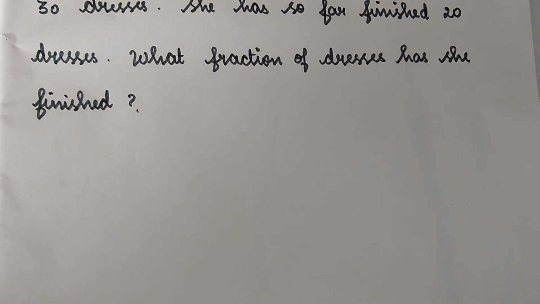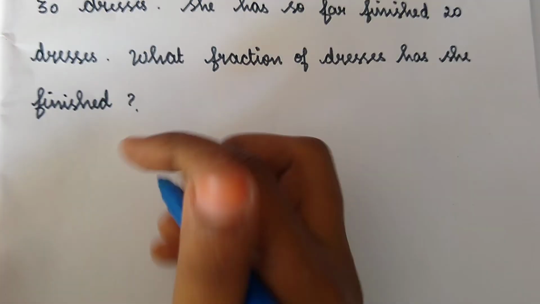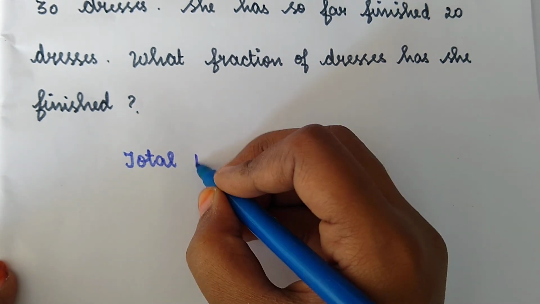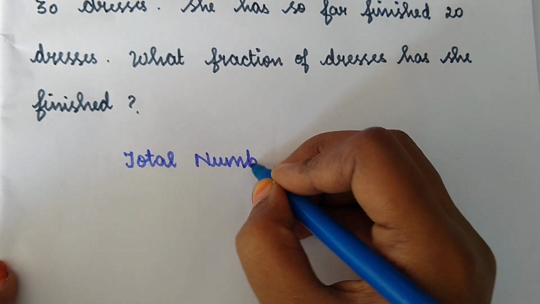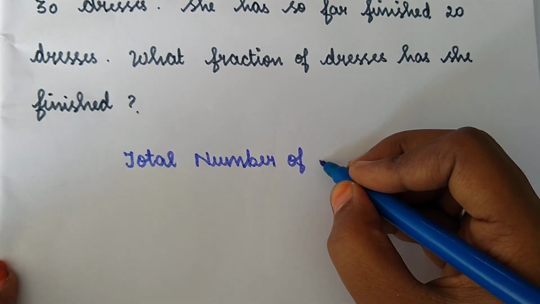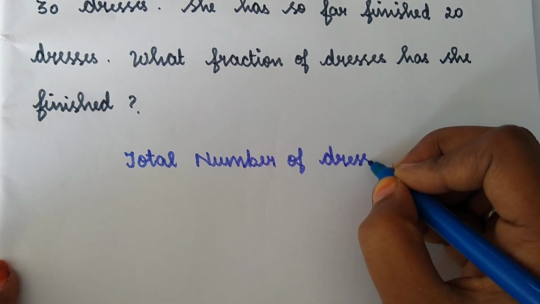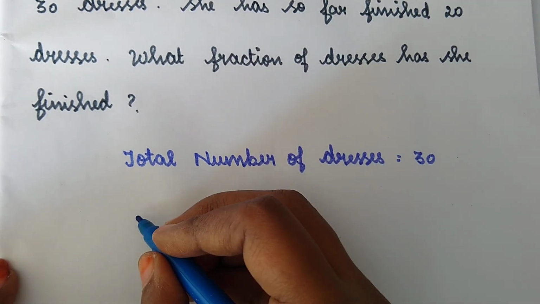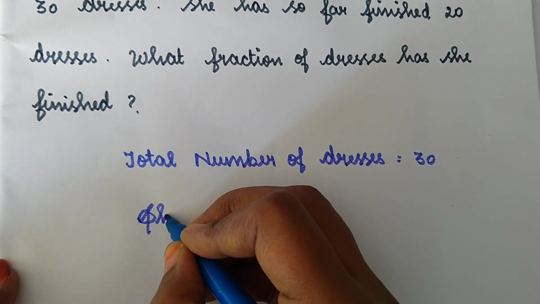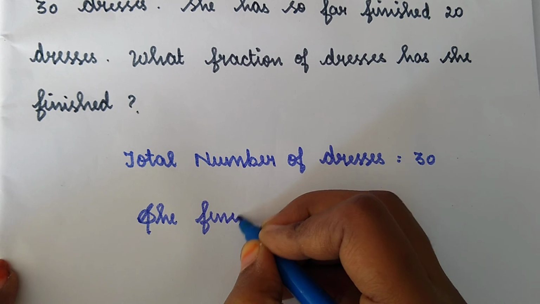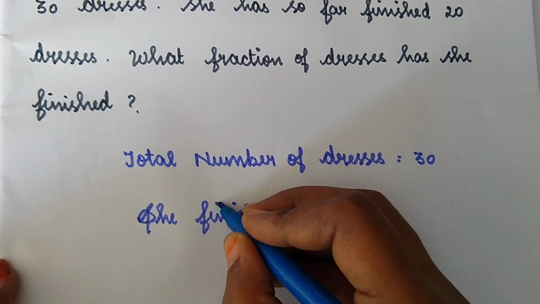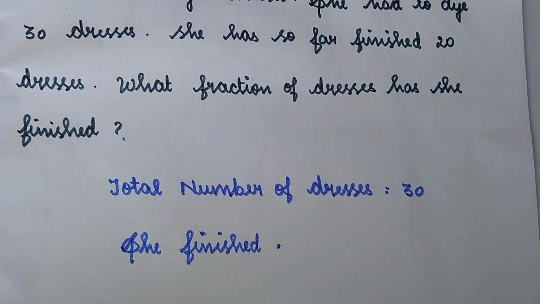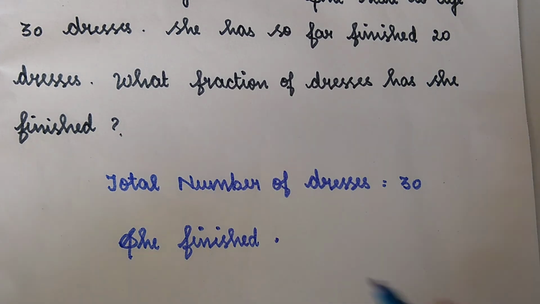What is given? The total number of dresses is 30. She finished how many dresses? 20 dresses.